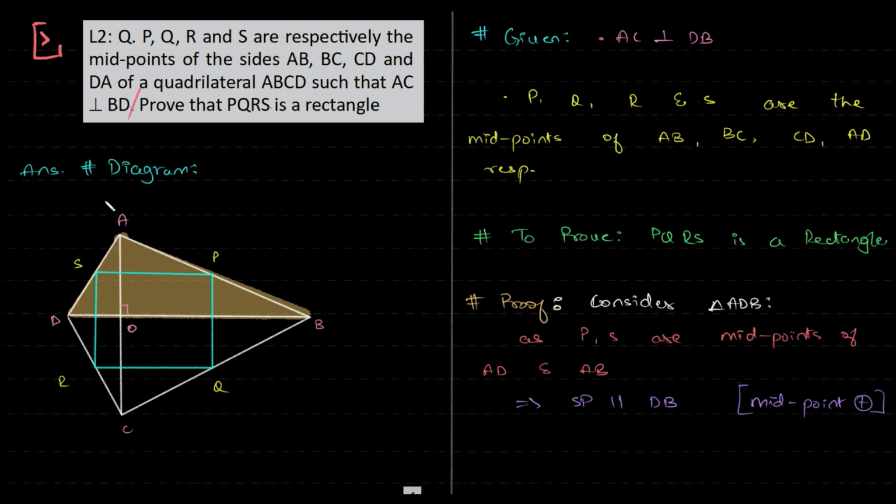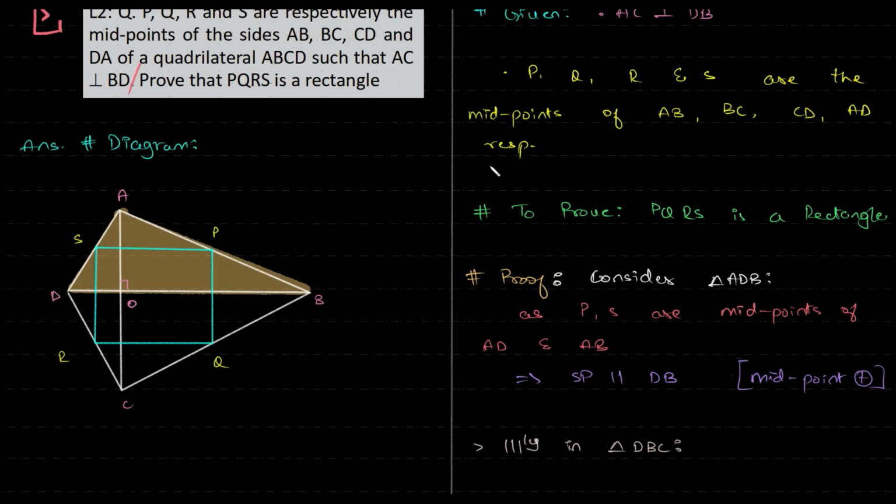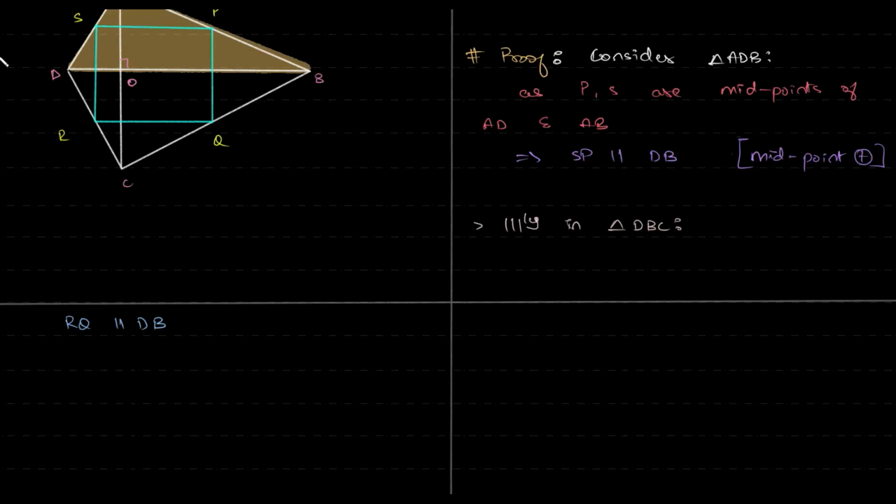Then we will say similarly, in triangle DBC, RQ is parallel to DB. Same set of reasoning, and we have written this being the midpoints and all of that, so you don't have to bother explaining yourself more.